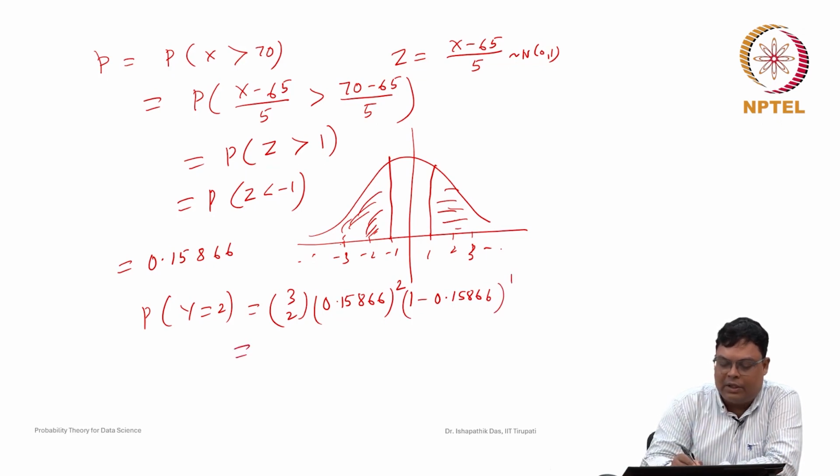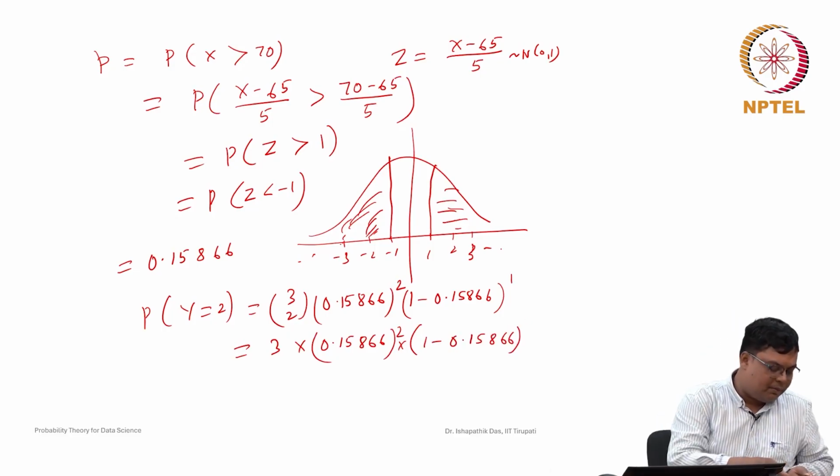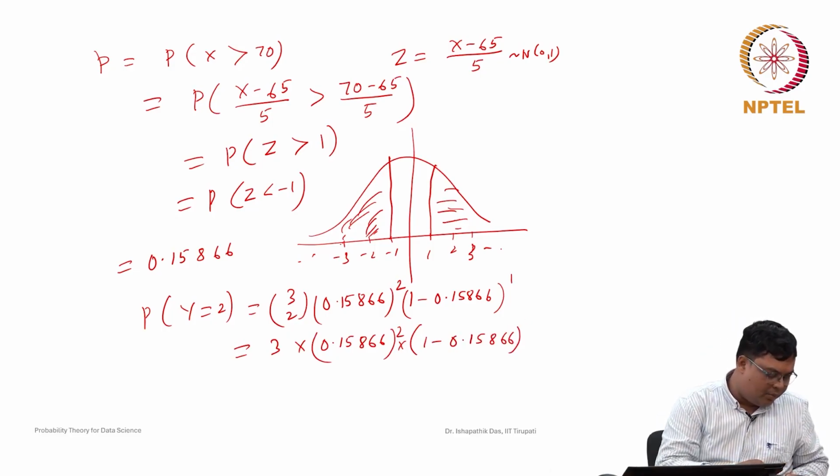This 3C2 is nothing but 3, times 0.15866 squared, and then this also you have to calculate. Here we need a calculator to calculate this. I can tell you the value, it is already computed.